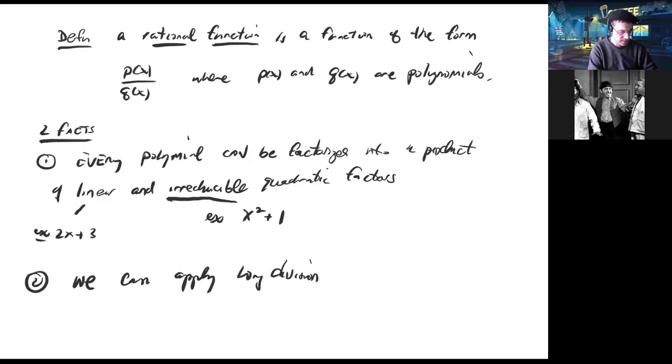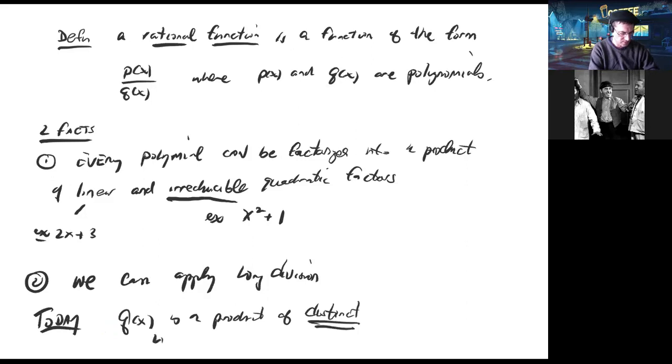Okay, so today and only today, we consider the case where the denominator q of x is a product of distinct linear factors. So there are no repetitions in the linear factors. So let me give you some examples of what we're going to talk about today.